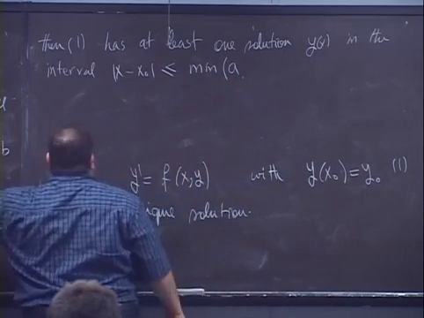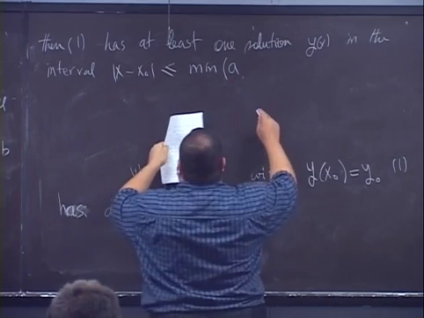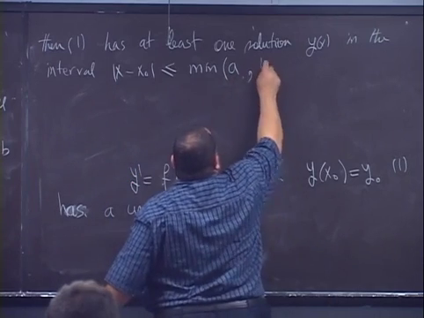This is the bound value here, a, and b over k.